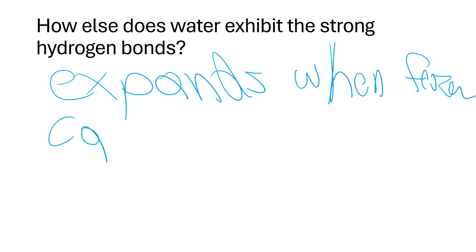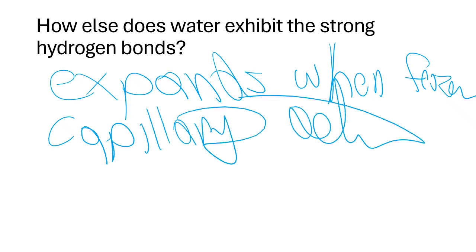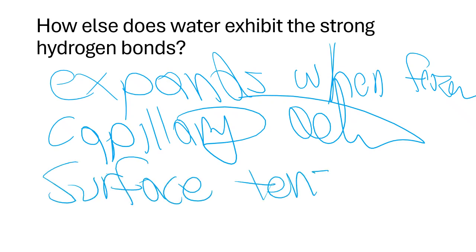It has capillary action. Then what else? Oh, high surface tension. And so if you think about all these, it would make sense. If you have to break these hydrogen bonds, if you jump into water, it's going to have a high surface tension.